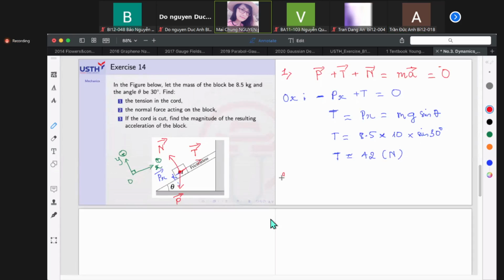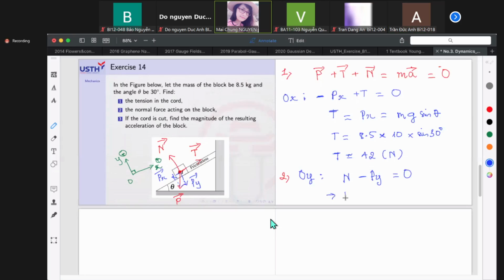Please move to the second question. About the second question, I will work on the OY direction. We consider all forces on the OY. On the OY, we have the normal force following the positive direction, and we have the negative Py, and the sum is equal to 0.